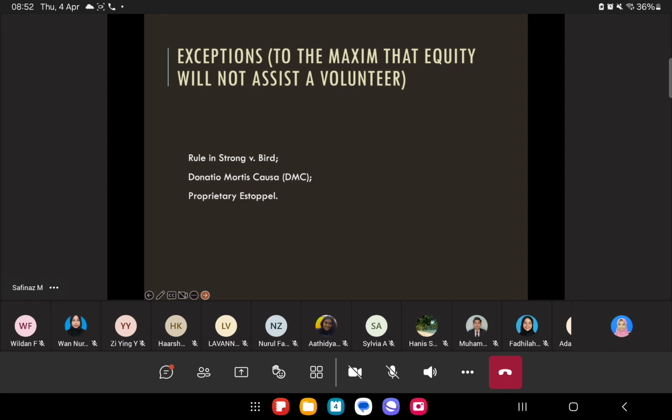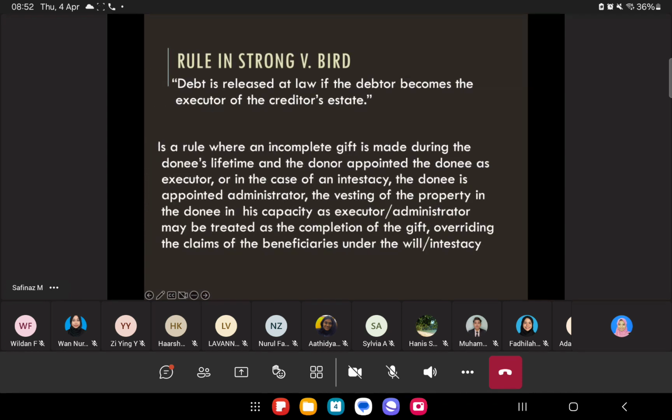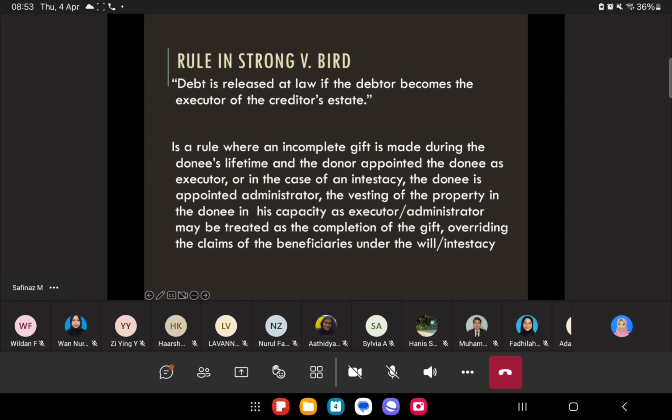So kita akan tengok what are these 3 exceptions. So what is first exception to the maxim equity will not assist a volunteer? Debt is released at law if the debtor becomes the executor of the creditor's estate.